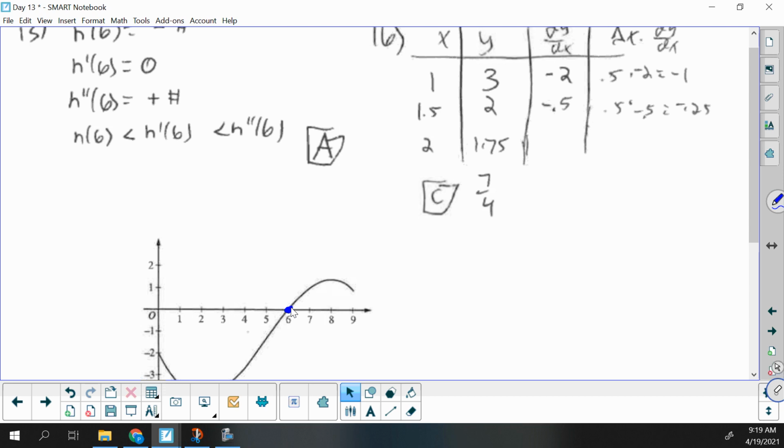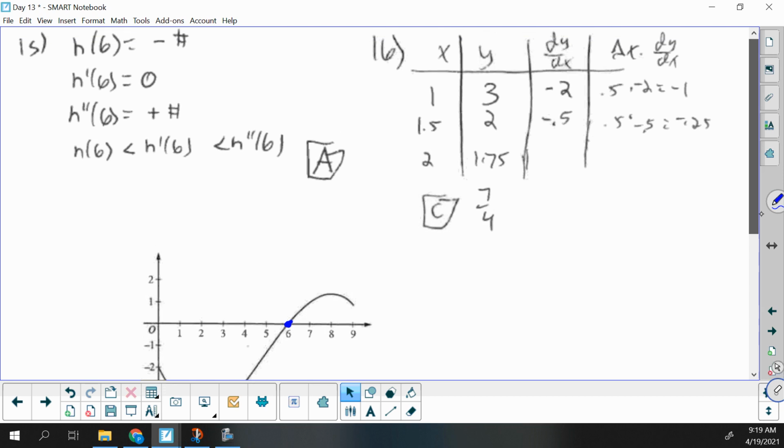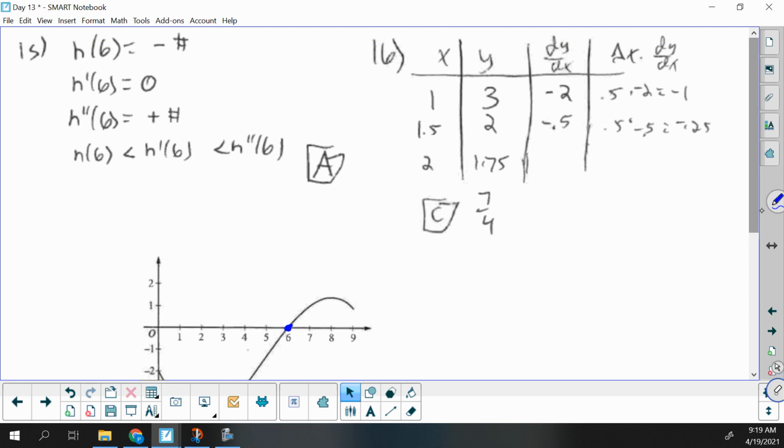Because of that, we know we'll have a negative number because our accumulation from 0 on to 6 will be negatives. So if you have a negative for h of 6, that should be the smallest. At h prime, since we had the relative min, we should have a 0 for the value of the derivative, and then the second derivative should be positive because we have a slope that's positive in this one. So choice A is the one that mimicked that.